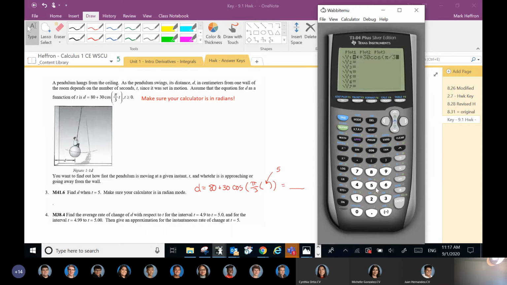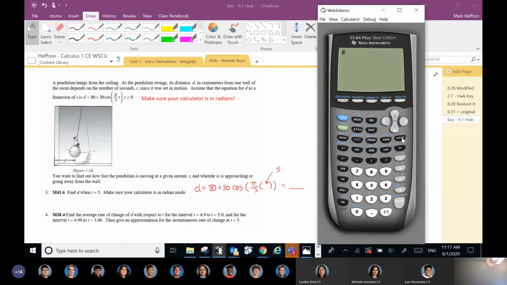And I'm not going to plug in 5 here. I'm going to plug in x. So it's pi over 3 times x, and I'm going to close my parentheses. And then I'm going to go out to the normal screen. So second quit.